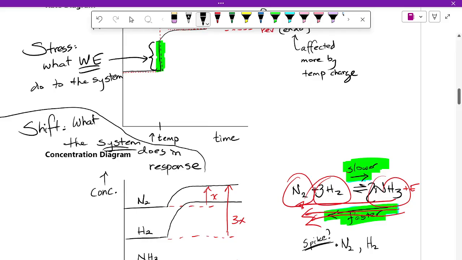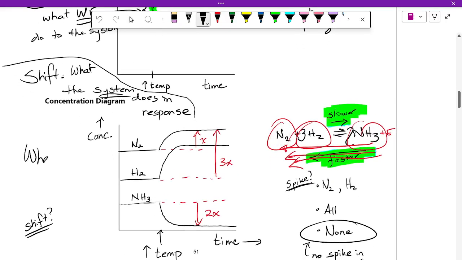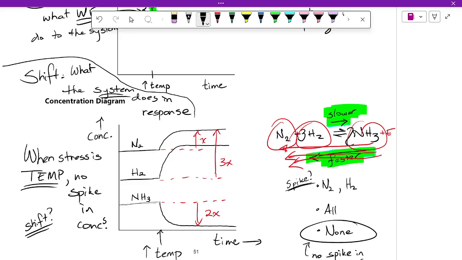When the stress is temperature, there is no spike in the concentrations. Okay?